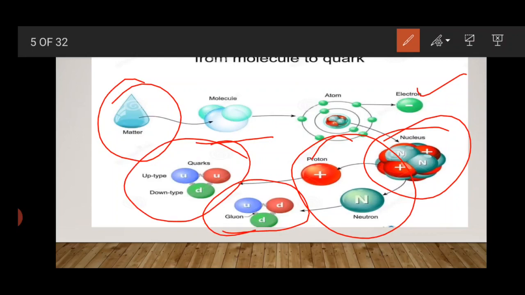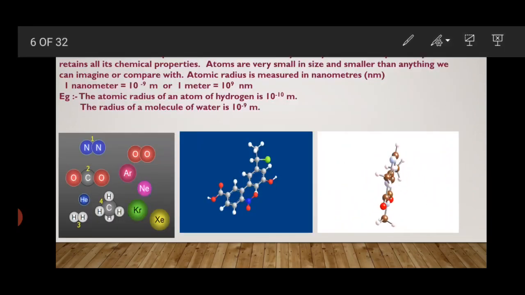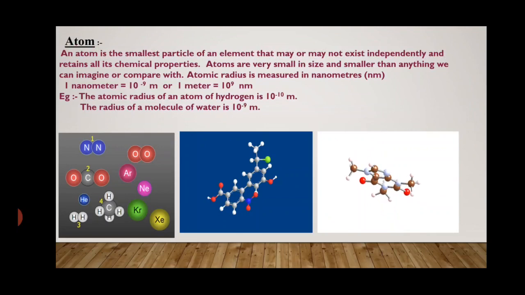Now we will discuss the positively charged center which has protons and neutrons. All the protons and neutrons are bonded through a bond known as gluon, and this combined gluon structure is known as quark. So that is how molecule to quark get formed.